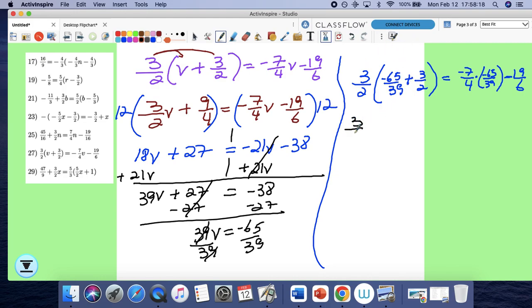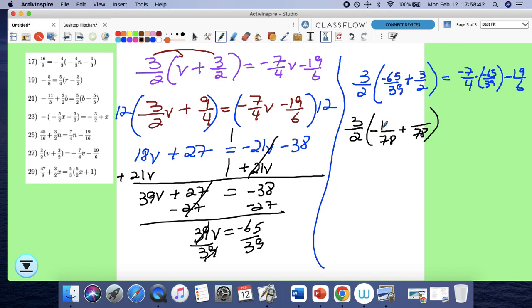Alright, so 3 over 2. Here, inside the parentheses, I'm going to use a calculator. Now, that's a minus, right? So the LCM is 78. So I'm going to change that to 78. Change the other one to 78. 39 times 2 is 78. So I multiply 65 times 2 and I get 130.